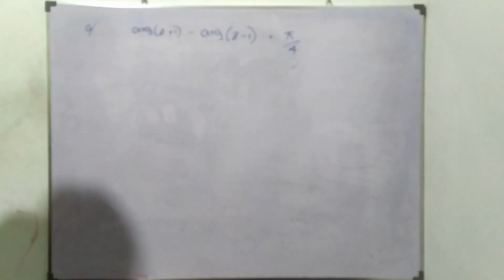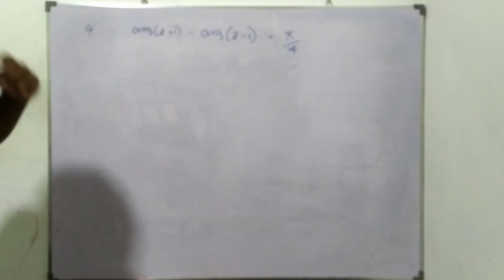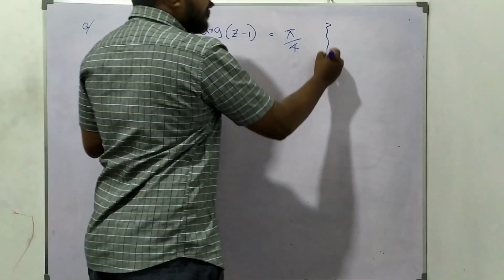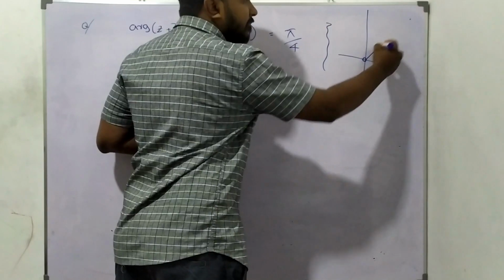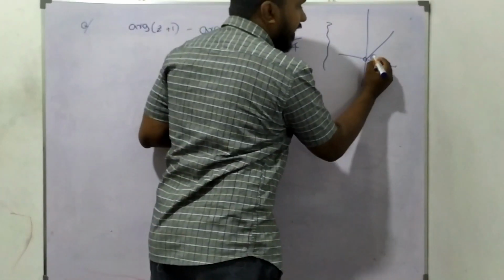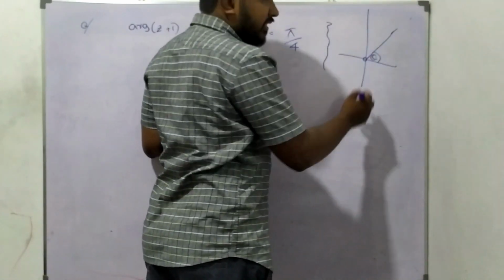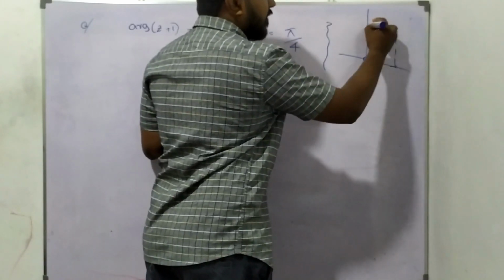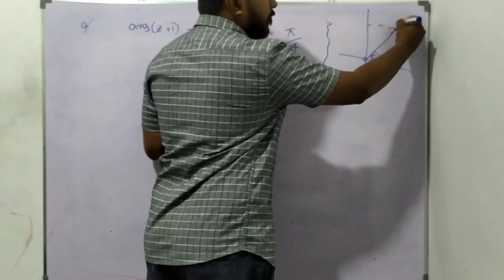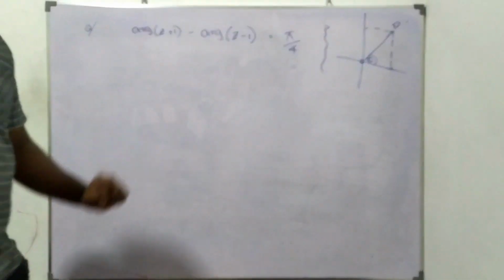So the argument of z plus 1. Can you remember the tan theta? In our Argand diagram, this is our theta. This is any position P with a complex number z.